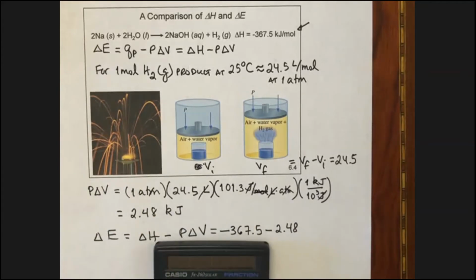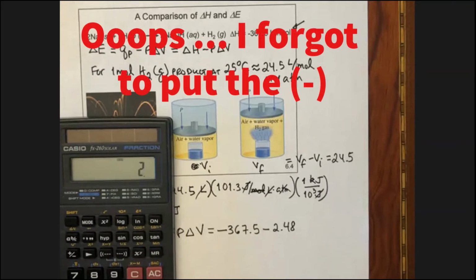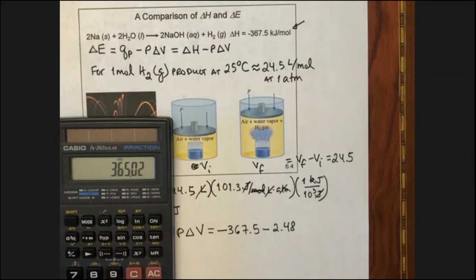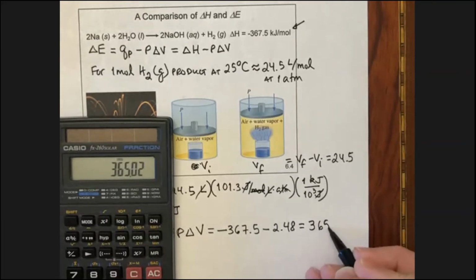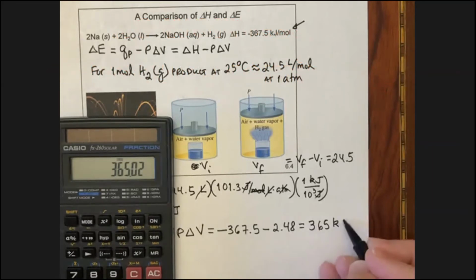So 367.5 minus 2.48 equals 365.02. Again, you have only 1 decimal here, so let's say 365 kilojoules.